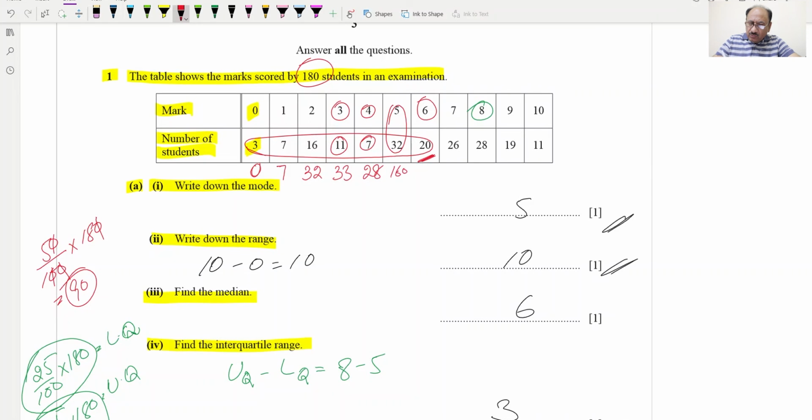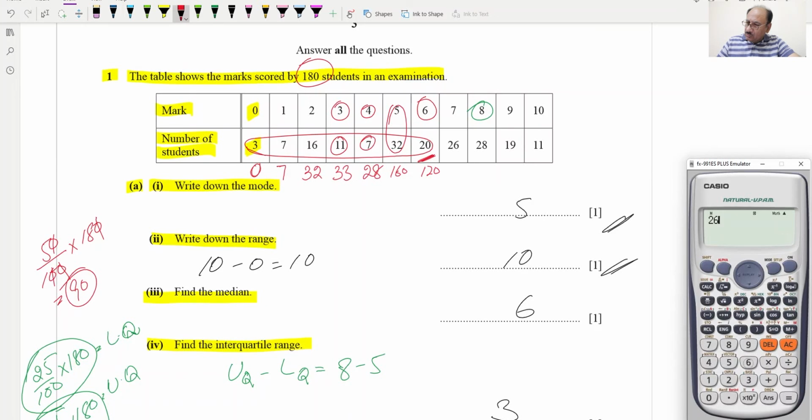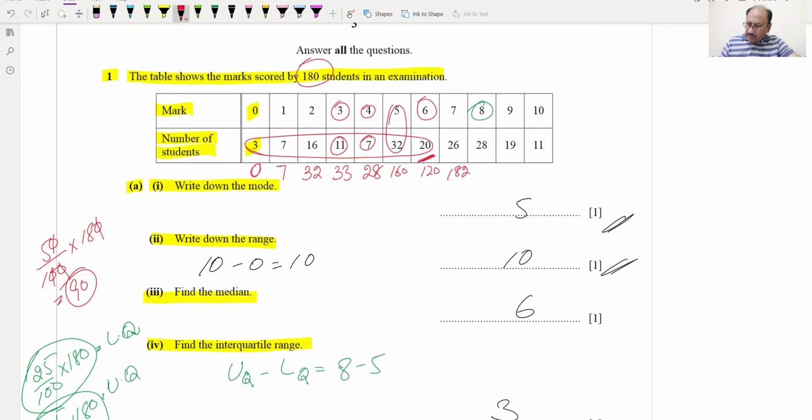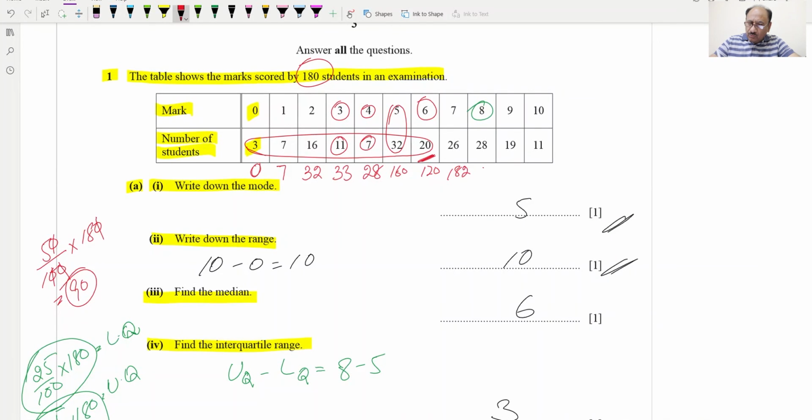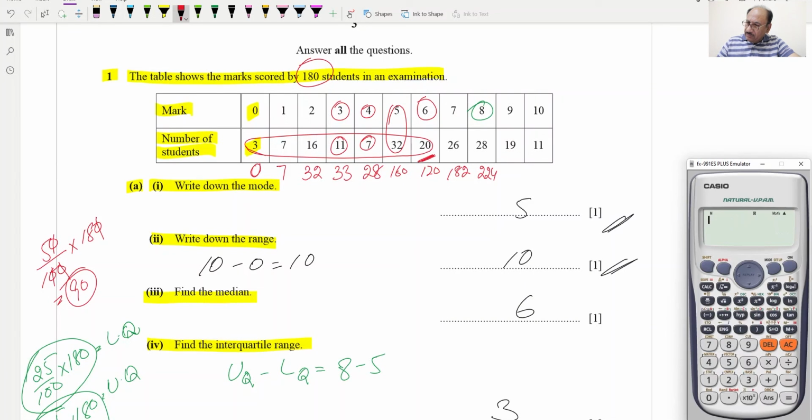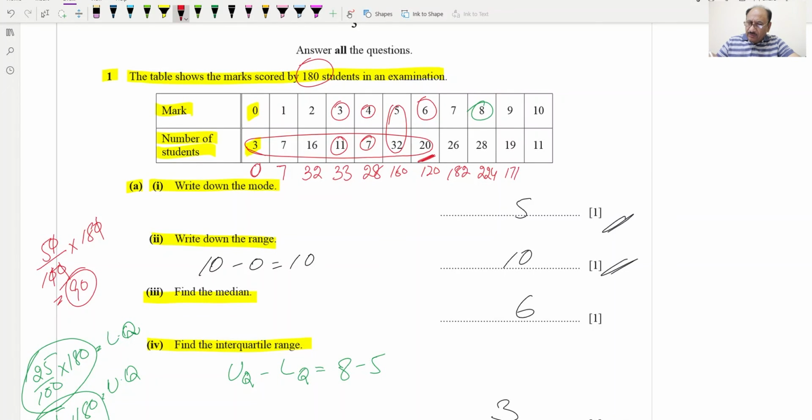Then 6 into 20 will be 120, 26 into 7 will be 182, and 28 multiplied by 8 will be equal to 224. Similarly, 19 multiplied by 9 will be equal to 171, and 11 multiplied by 10 will be 110.